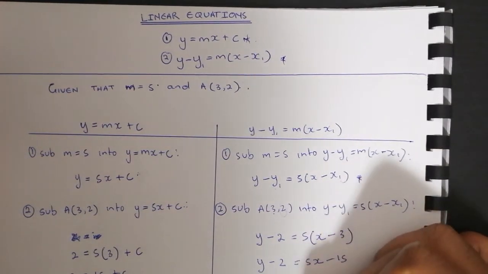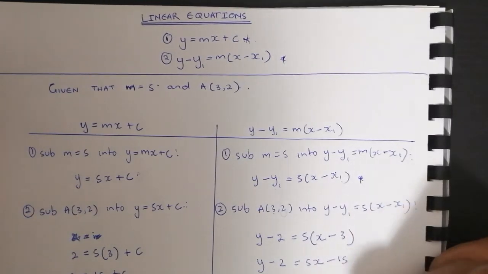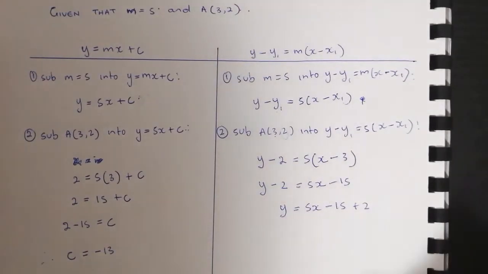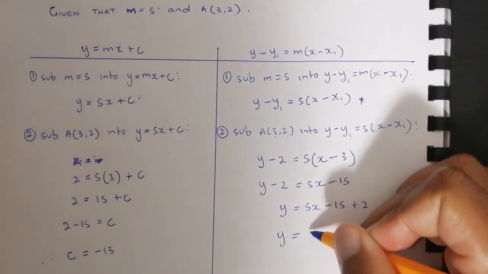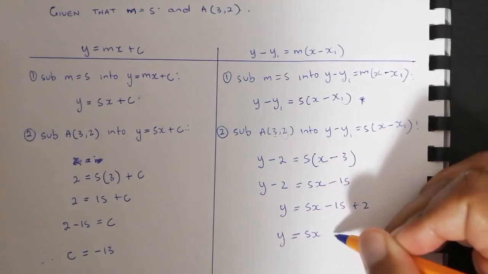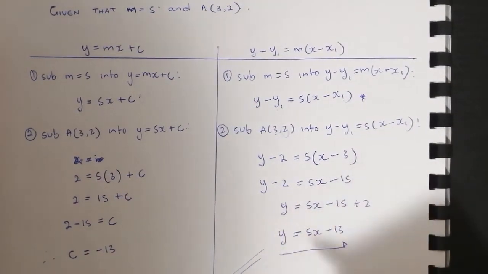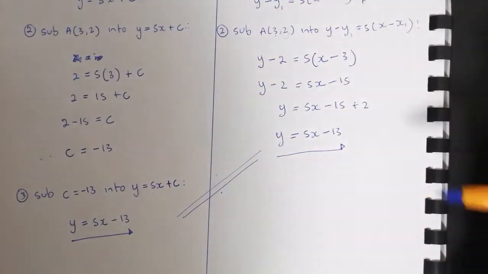Then take 2 to the other side, we have y equals 5x minus 15 plus 2, and that gives us y equals 5x minus 13. Then we see that both these methods give us the same answer.